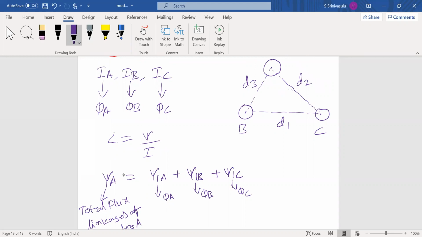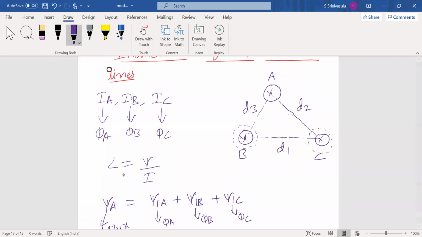If you apply the right-hand thumb rule, for current into the conductor, the flux will come in a clockwise direction like this. We cannot see the flux, we just have to imagine it: phi A flux, phi B flux, phi C flux.